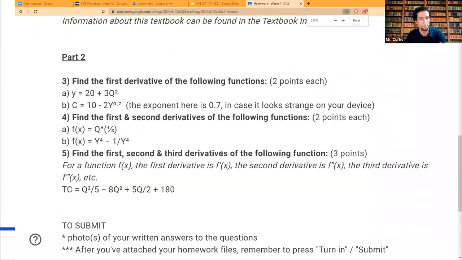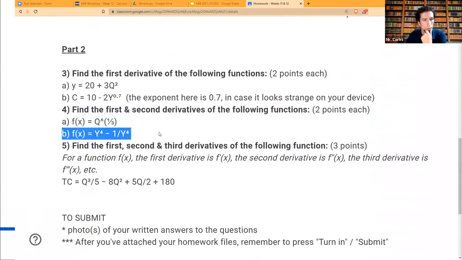Yeah, it is y to the exponent 4 minus 1 divided by y. And is it only in the second part, is it only y to the exponent of 4, or is it 1 over y overall to the exponent of 4?